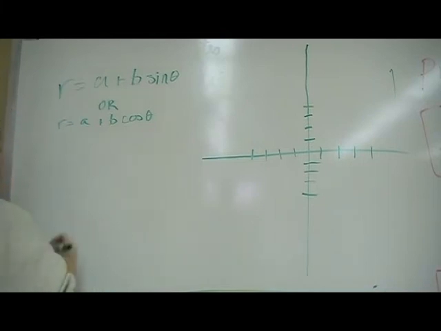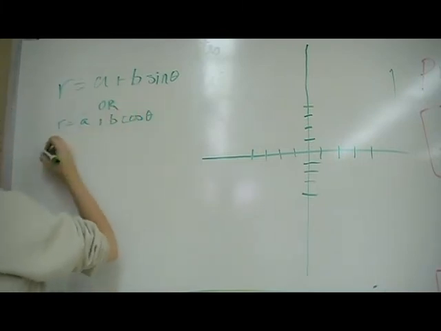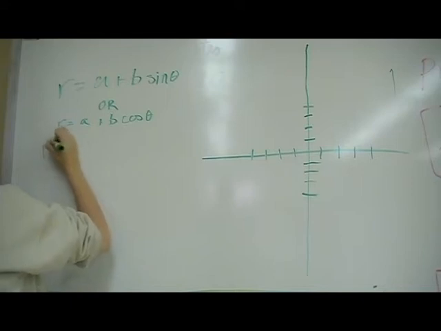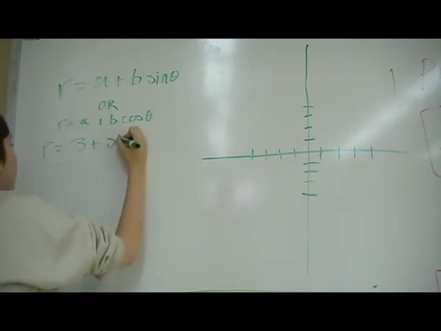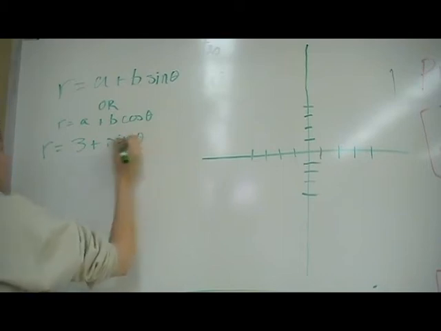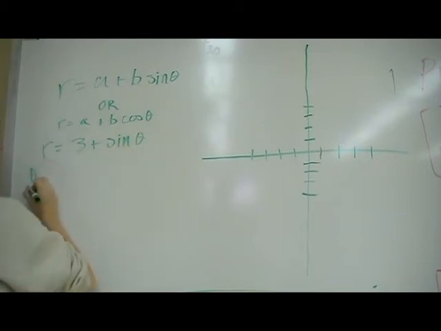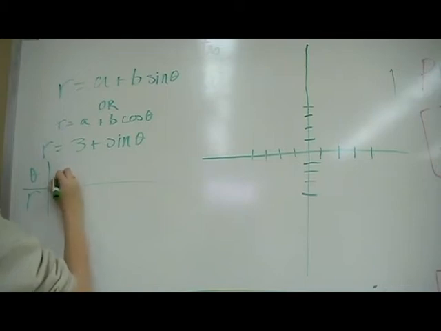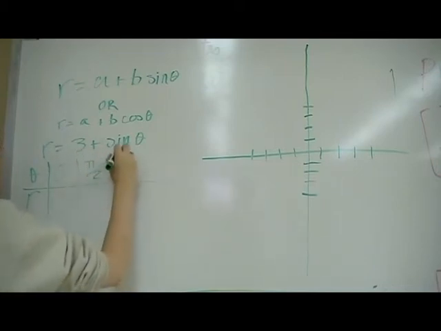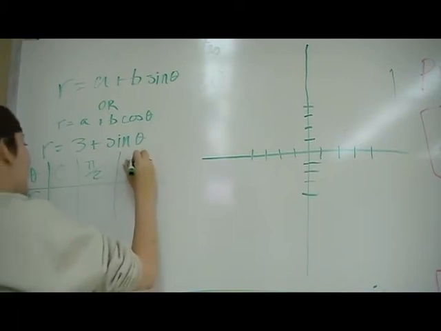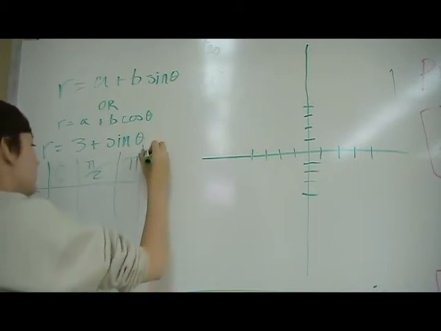So starting with the equation r equals 3 plus sine of theta, what you do is you get something like this, and you choose the points 0, pi over 2, pi, and 3 pi over 2.